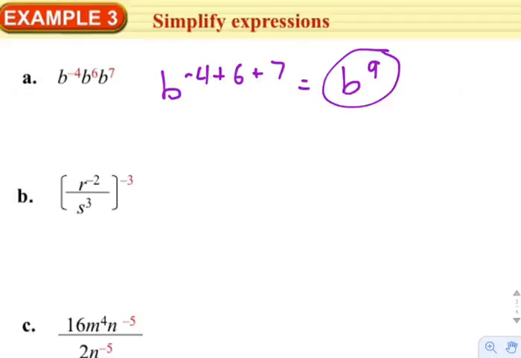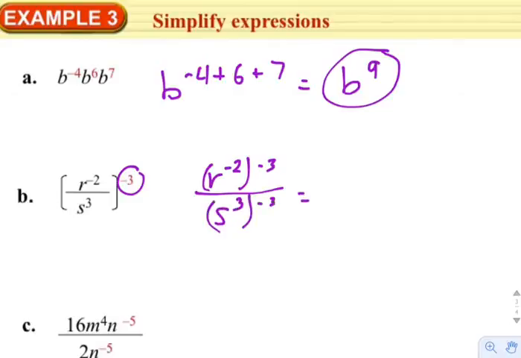The second example uses the power of quotients and then also the negative rules. So first of all, the power of quotients, because I need that negative 3 to be accounted for. So now I have r to the negative 2 and then to the negative third, and then I have s to the third and then the negative third.